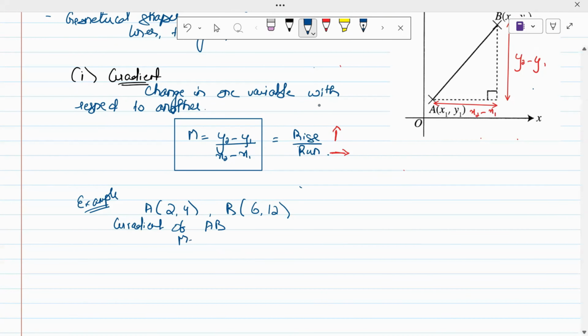So it would be 12 minus 4 upon 6 minus 2. So change in y, which is 12 minus 4, change in x, that is 6 minus 2. So 12 minus 4 is 8, 6 minus 2 is 4. We get the gradient as 2.